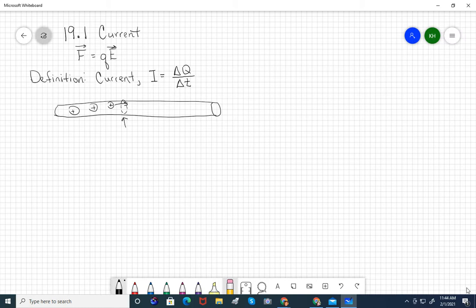So current has units. Let me draw some more charges flowing so you can see our unit here. It is going to be a coulomb per second, but we don't call it a coulomb per second. It's called an ampere. And the symbol for an ampere, I misspelled ampere.